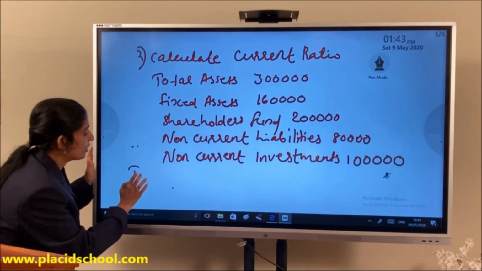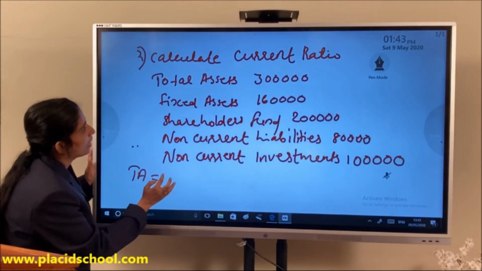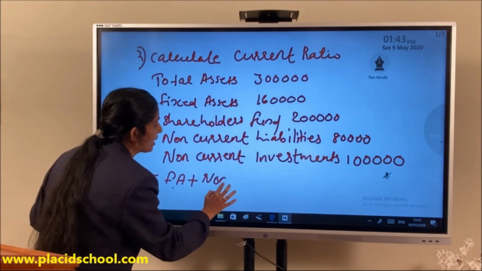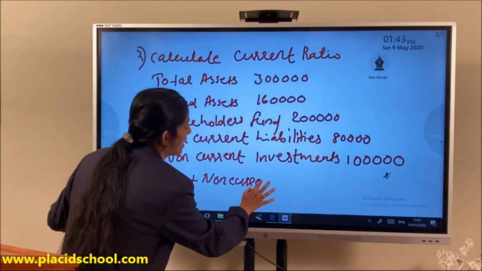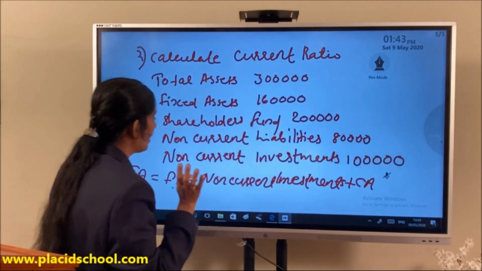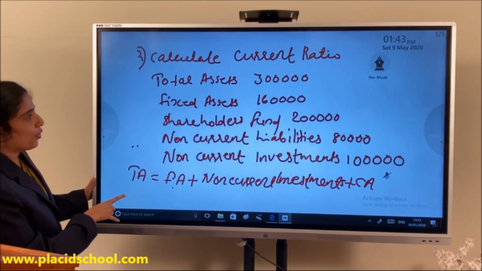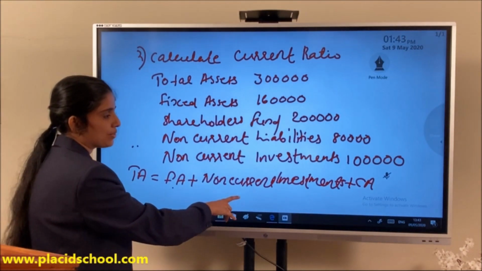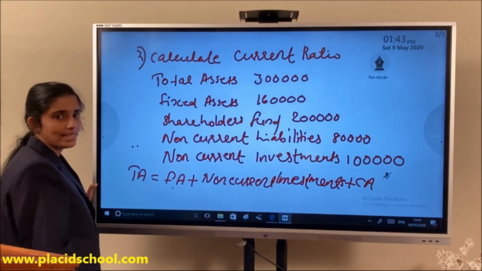So total assets equals fixed assets plus non-current investments plus current assets. Here the values of total assets, fixed assets and non-current investments are given, but the value of current assets is not.